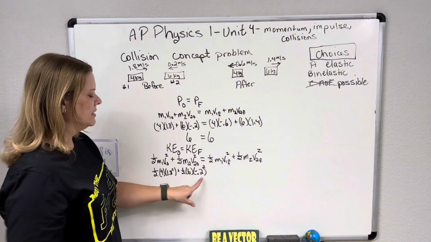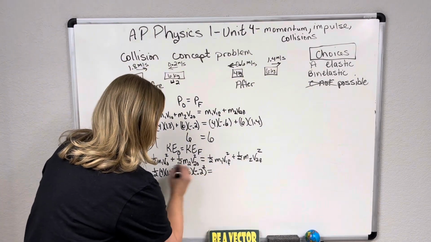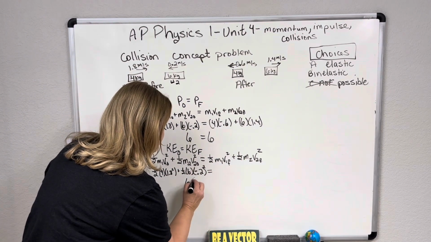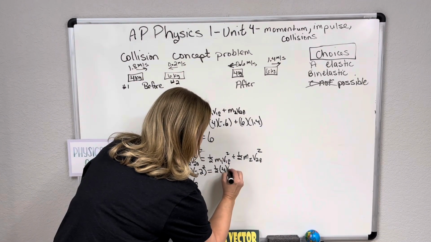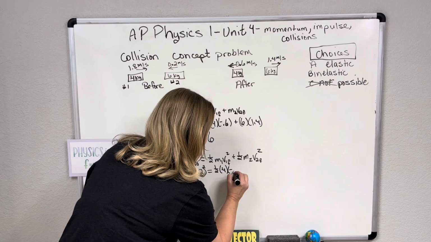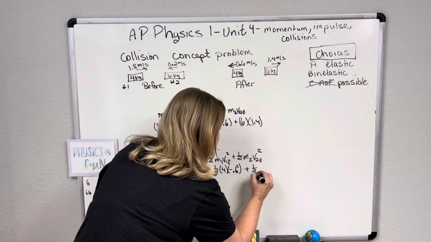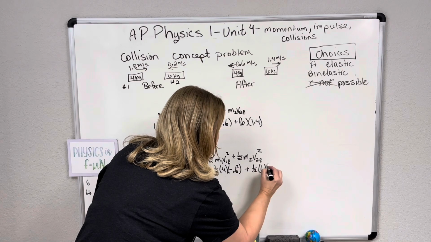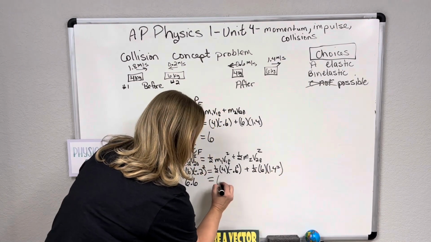But what's going to happen is a negative times a negative is going to come out positive. On this side, if you were to do that ugly math, it's going to be 6.6. On here, I'm going to do it again. 1/2 mass of 4. My final is negative 0.6 because it's west, squared. Don't forget the square. Plus 1/2 of 6, and it is 1.4 squared. And that's going to equal 6.6.